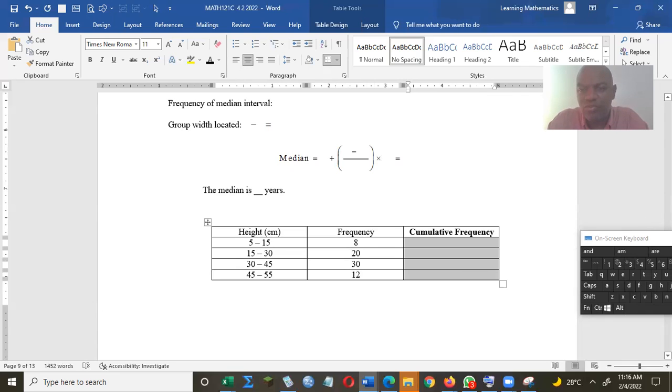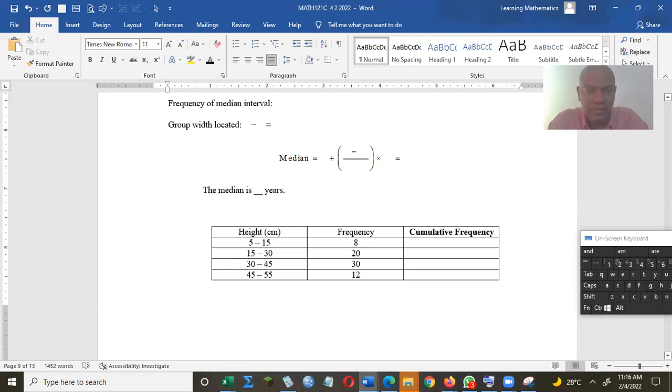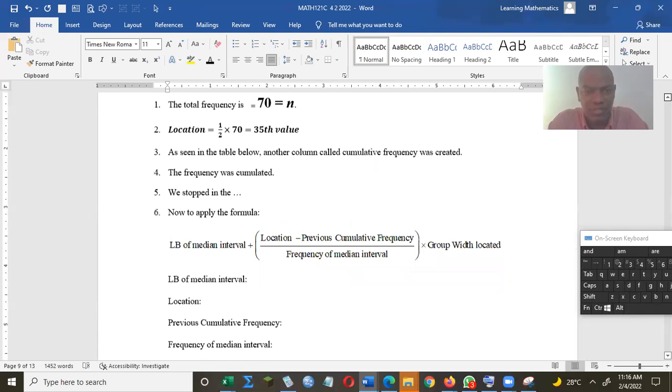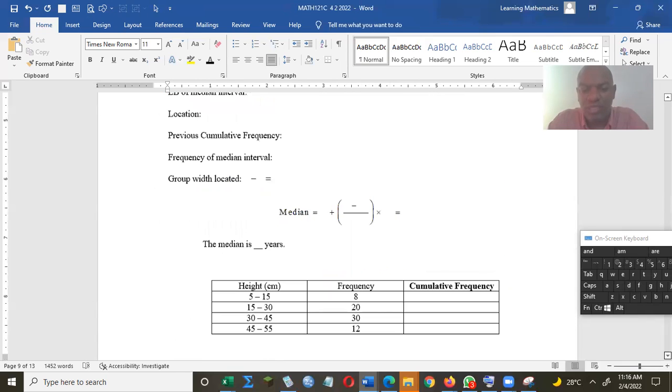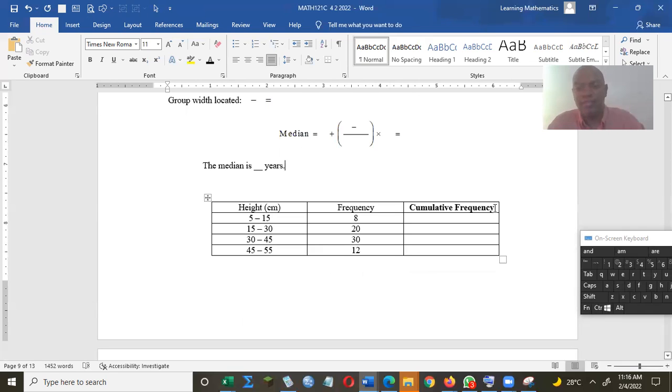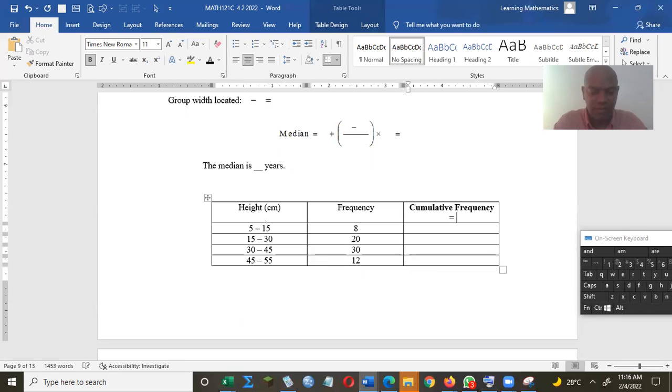Because what we're trying to do now is locate the 35th value. Remember when we said in the cumulative frequency graph, cumulative frequency is the same thing as location. So this is 8 as frequency, but as cumulative frequency, you can call it 8th.